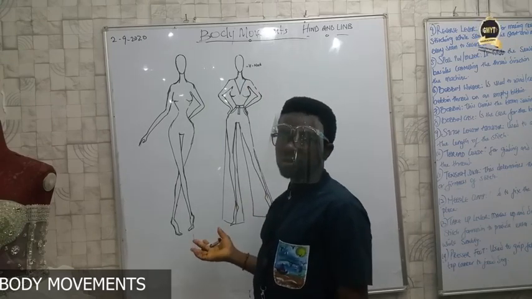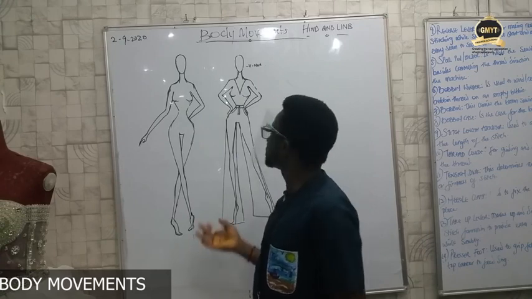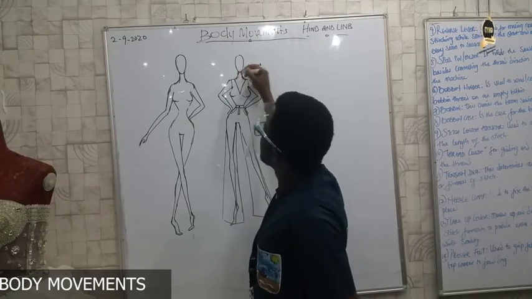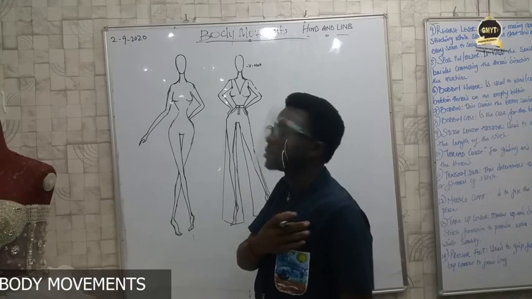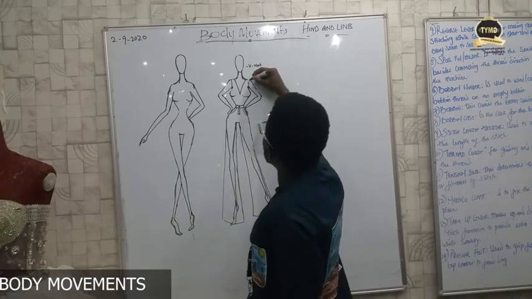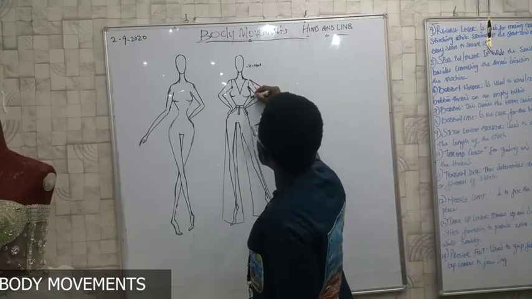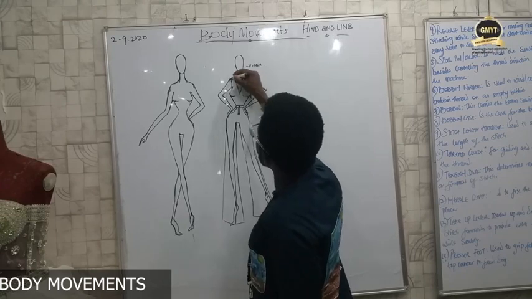You can see it's coming out more like a proper outfit. Now I can close the armhole by doing this to show the sign of the armhole area. And I can fix the flare sleeve. Let's call it flare sleeve.